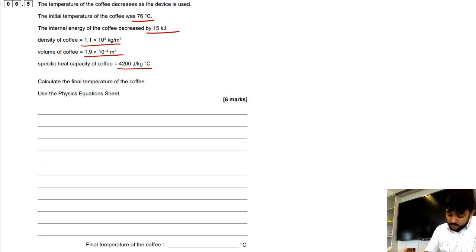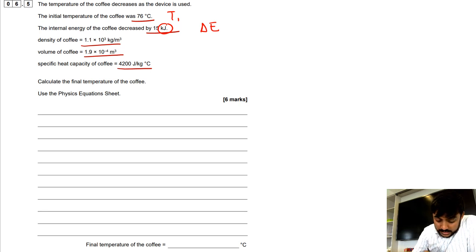I'm just going to go ahead and write down all the terms that I have. This is the initial temperature. I'm going to say it's T1. And the internal energy of the coffee decreased by 15 kilojoules, which is my change in energy. Unfortunately, it's in kilojoules. I have to remember that when I come back to it. The density is 1.1 times 10 to the 3 kilograms per meter cubed, which I'm happy with.